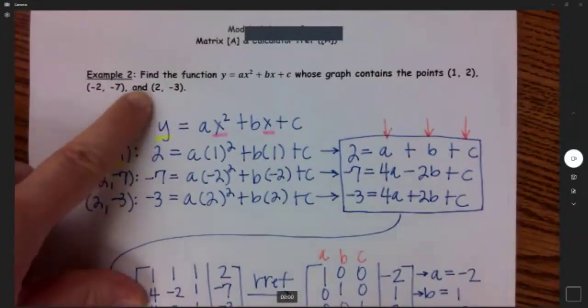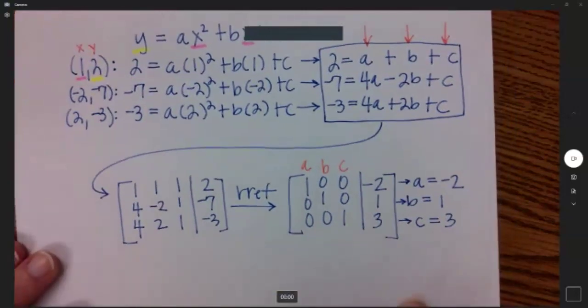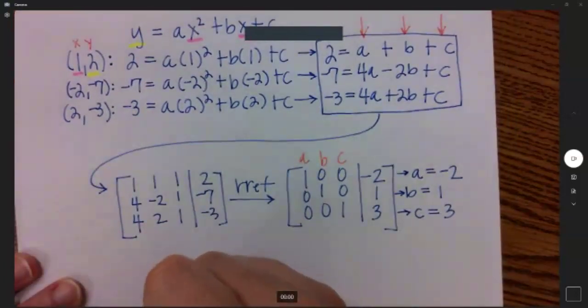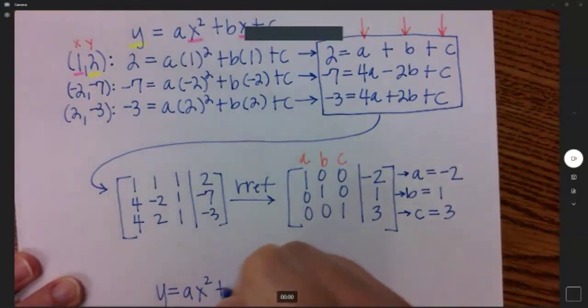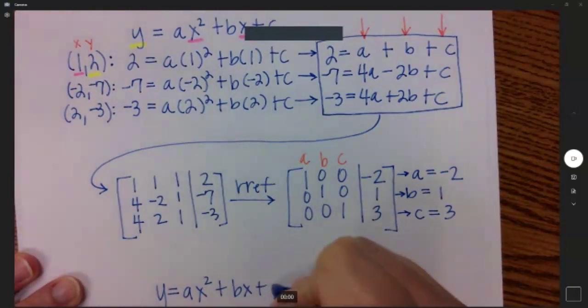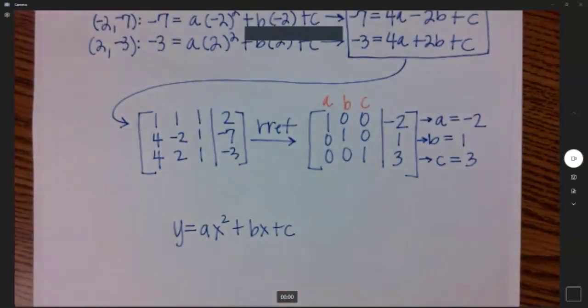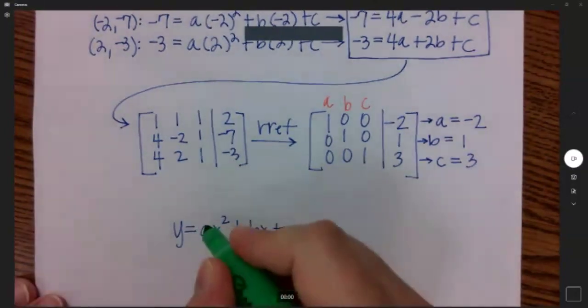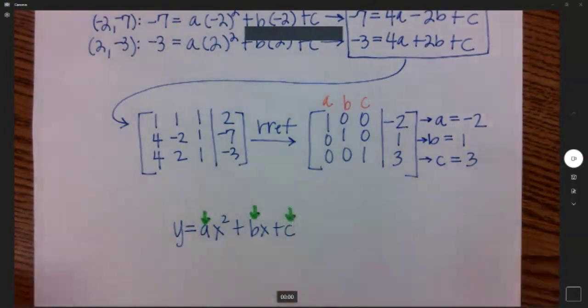Now, if I go back up and read this, it says find the function. We have found what A, B, and C are, but we have not found that function. So if my function is still y equals ax squared plus bx plus c, I am now substituting in my A, B, and C for my A, my B, and my C.